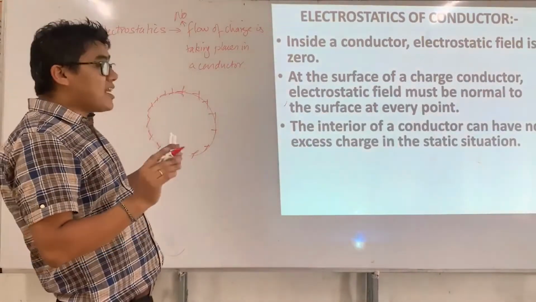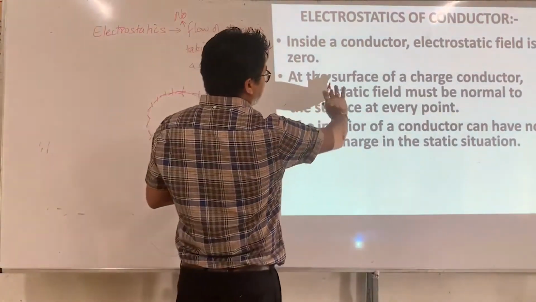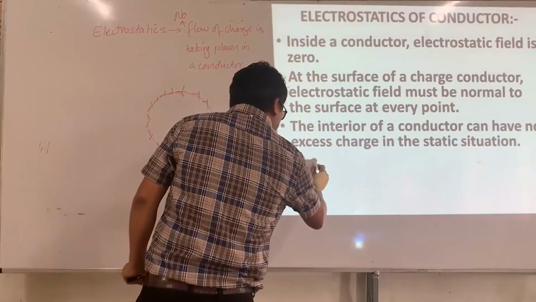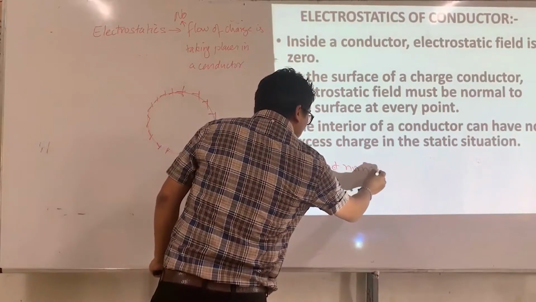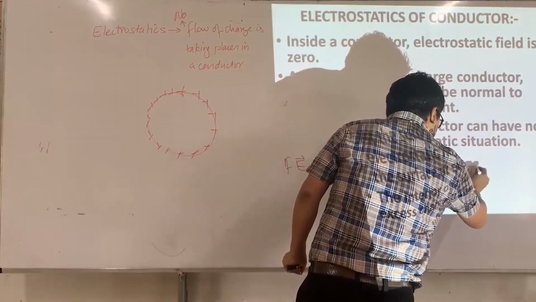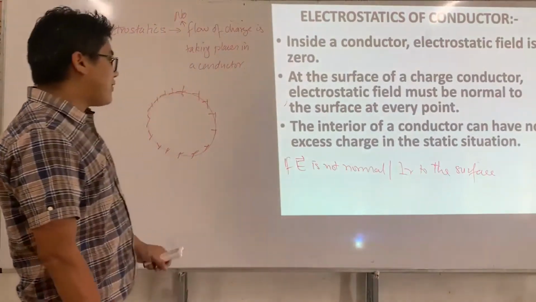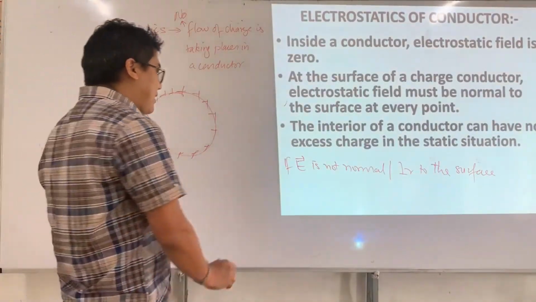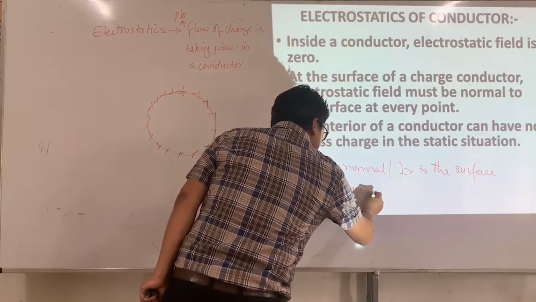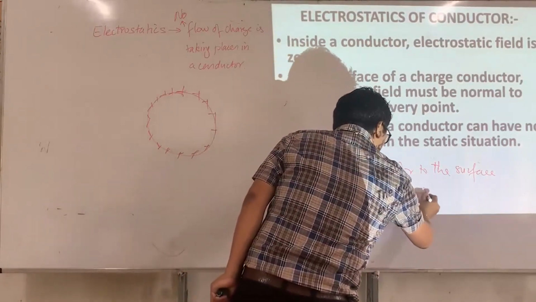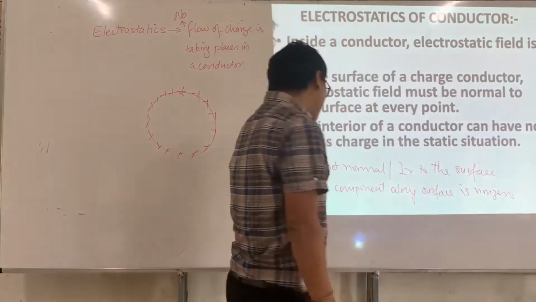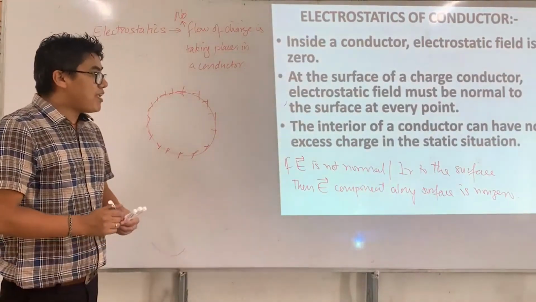Now if the electric field is not normal to the surface, normal means perpendicular to the surface, then the field component along the surface is non-zero.